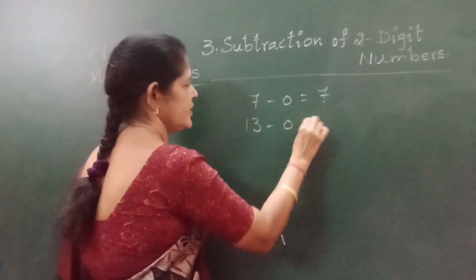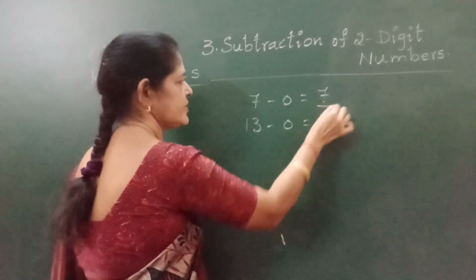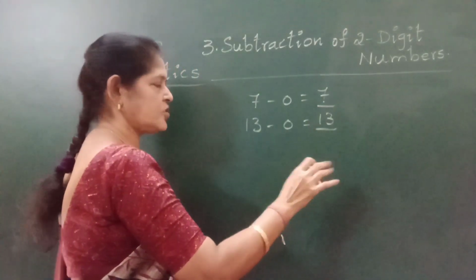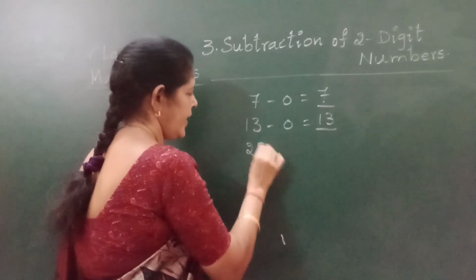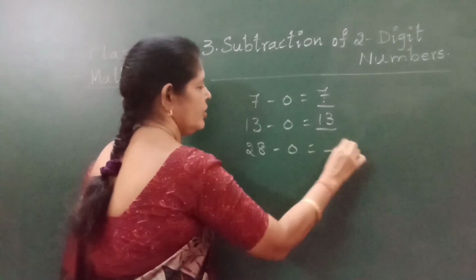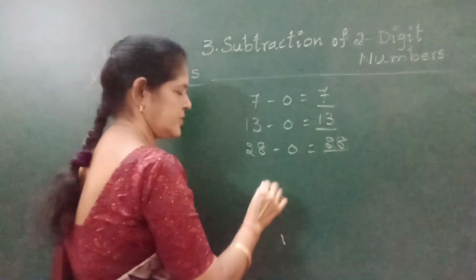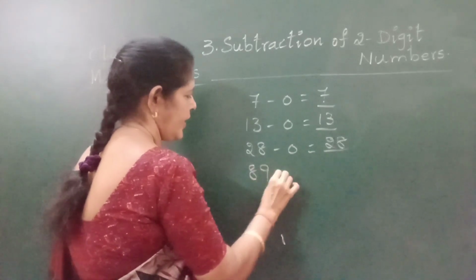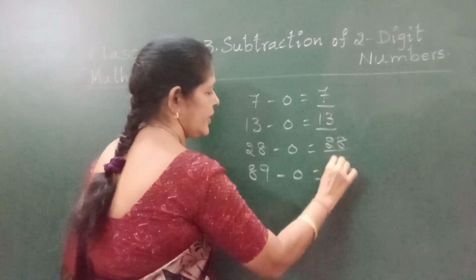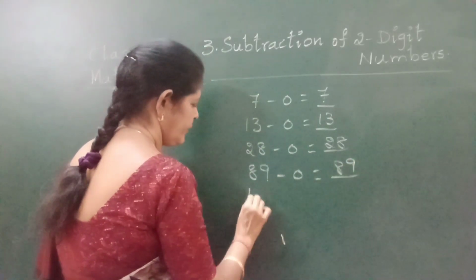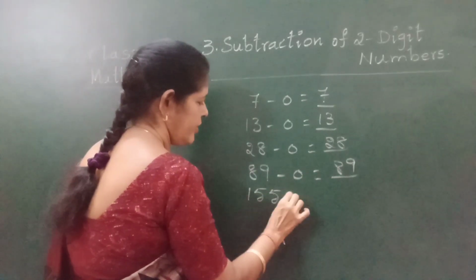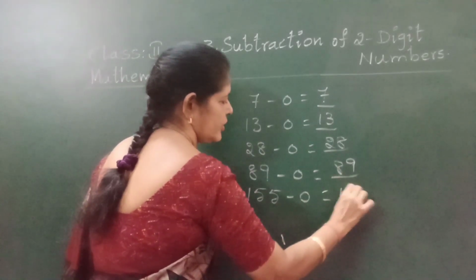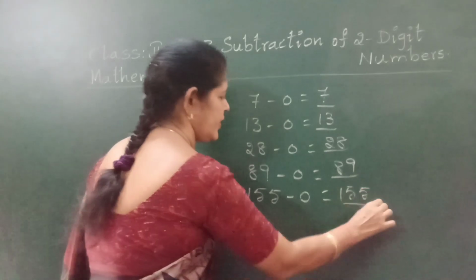13 minus 0. The difference is 13. The value does not change. 28 minus 0. The difference is 28. 89 minus 0. The difference is 89. 155 minus 0. The difference is 155.